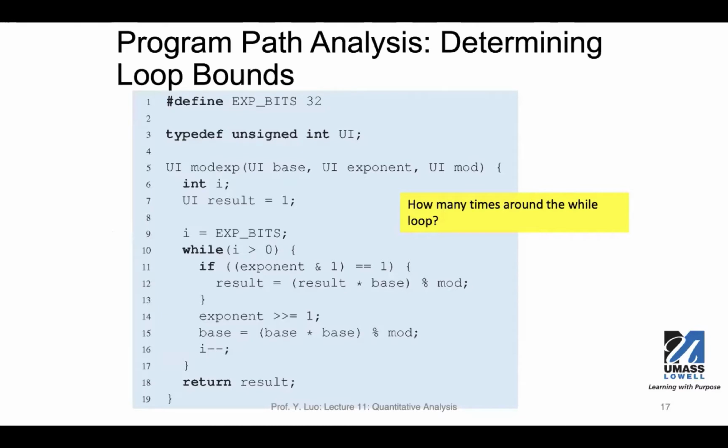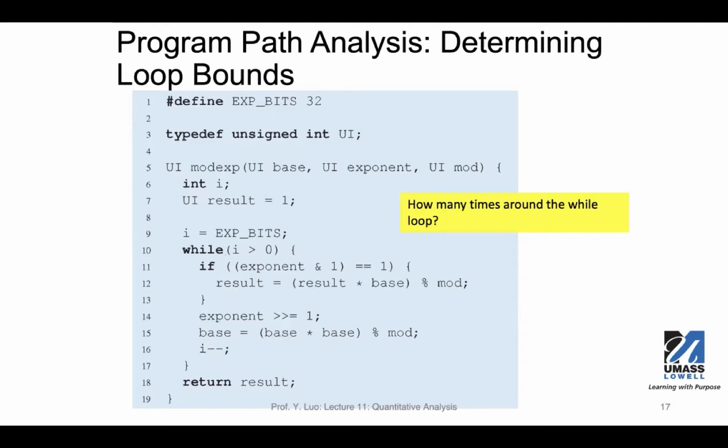Now, the example that we saw earlier is the modular exponentiation function. We saw the same code before. In this case, we have a while loop. The condition is i is greater than 0. Can we determine the loop bounds?